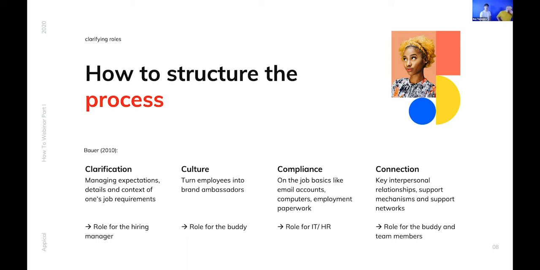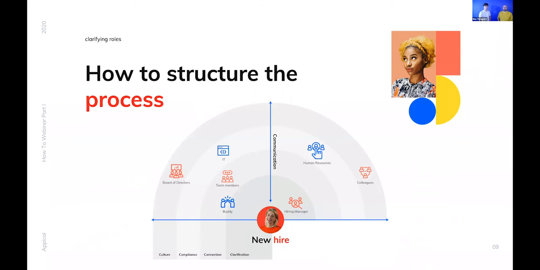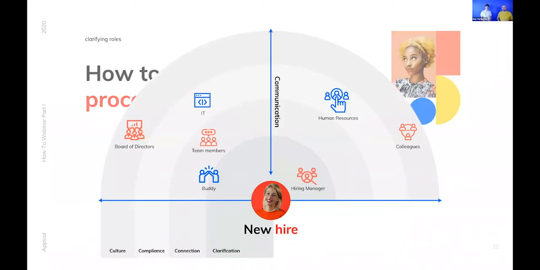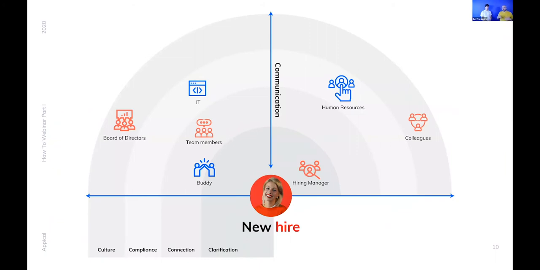Oh, nice. Okay. Let's see how these connect to the roles that we mentioned beforehand. Yeah, you could say that you can give these 4 topics that you need to touch when onboarding a new hire to your involved employees. So, for instance, clarification is clearly a role that the hiring manager should take.